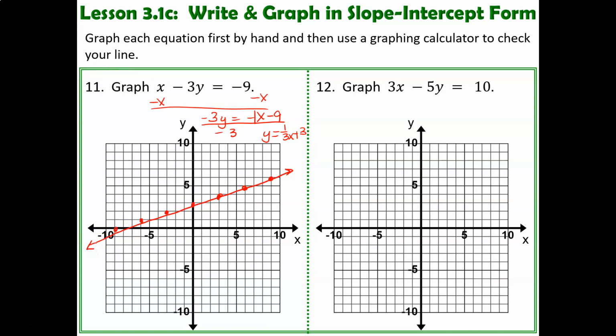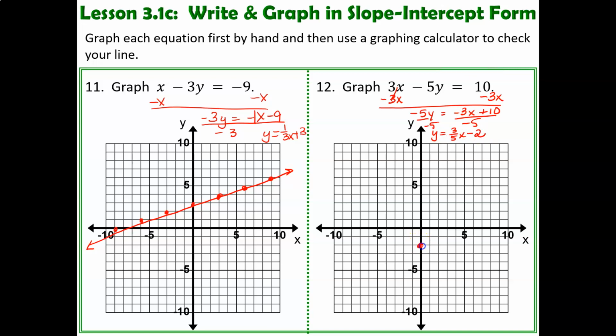Okay, let's get this one into slope-intercept form. I'm going to subtract 3x from both sides. So now I have negative 5y equals negative 3x plus 10. I'm going to divide each side by negative 5. So I have y equals positive 3/5 x, because I have two negatives, minus 2.